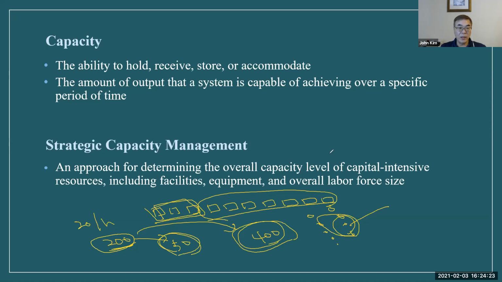So either way, cost or opportunity cost. So finding optimal capacity, that is strategic capacity management. Finding optimal capacity size.